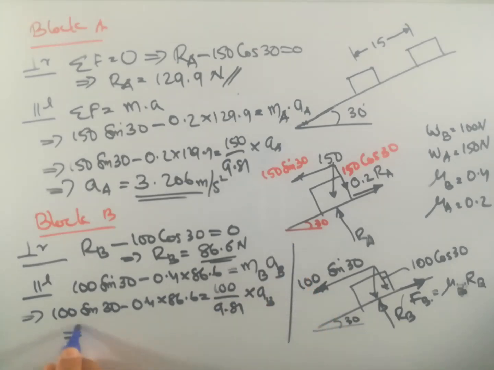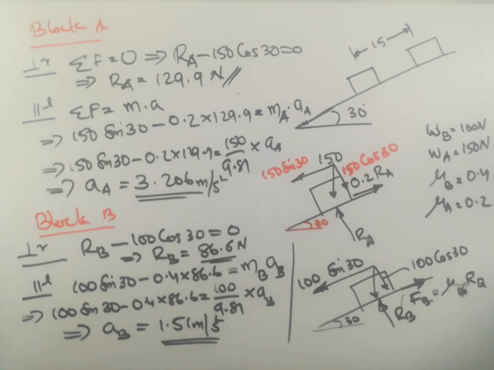From this equation you will get aB, the acceleration of B, equal to 1.51 meter per second square. 1.51 meter per second square will be the acceleration of block B. So the acceleration of block A was 3.206 and block B is 1.51 meter per second square.